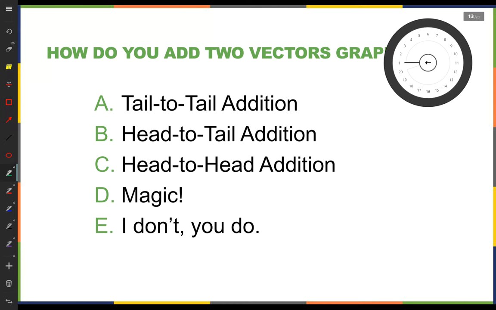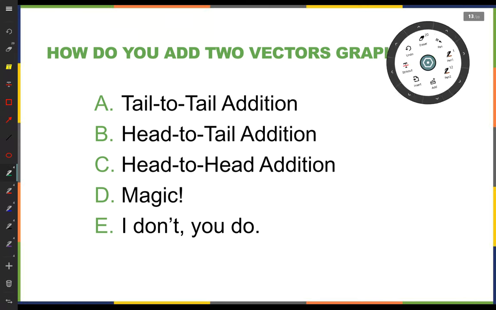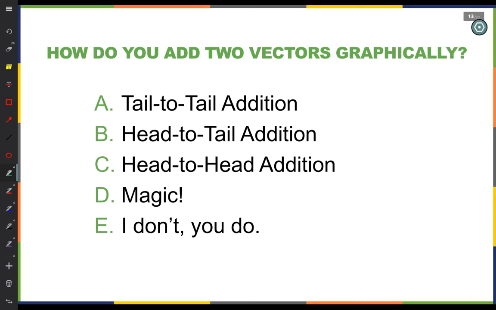So I think this is our final clicker question, actually. It's open for you to answer now. And the question is, how do you add two vectors graphically? So if I'm going to put them on paper, how do I do this?